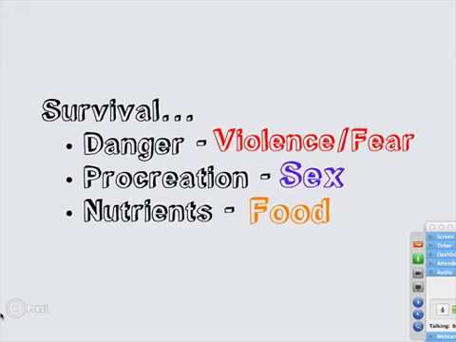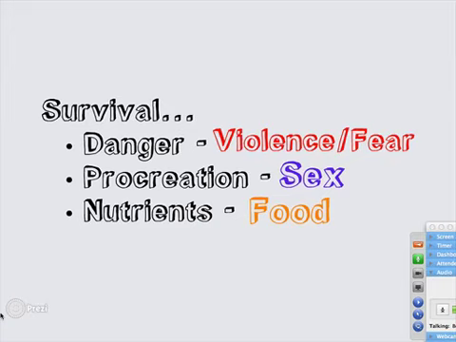Mm-hmm. And now, knowing that that is correlated with this lowest common denominator part of our brain, that survival instinct, it makes sense that that attracts attention because everybody is processing on that level. Everybody has that sense of awareness if there is danger or if there is something that taps into that part of the brain.